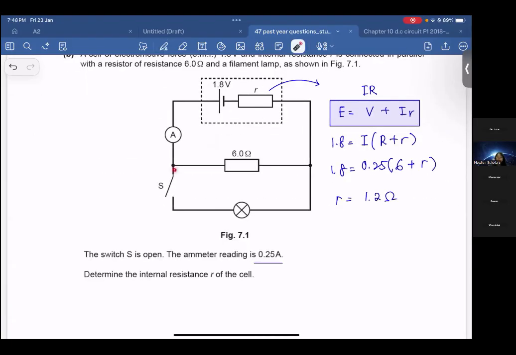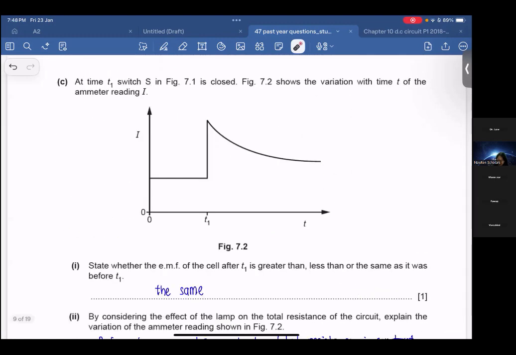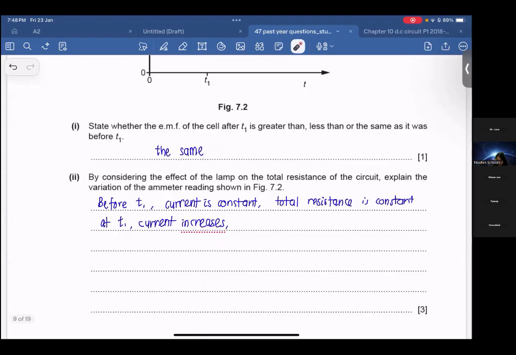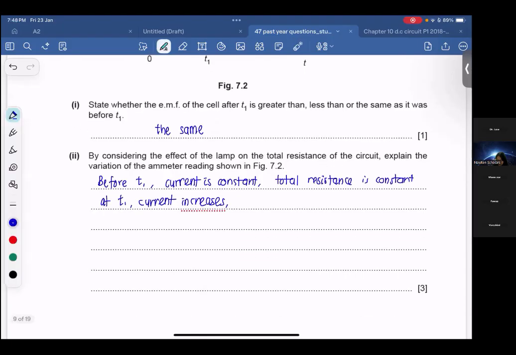At the moment we close the switch, the current suddenly becomes high. So you always think about current and resistance. Okay. Vashini said that at T1 current increases as total resistance decreases. Correct. I write down first, then I come back to the circuit.